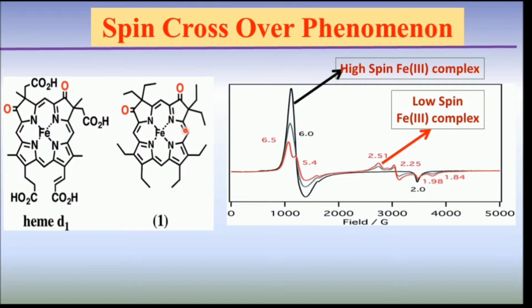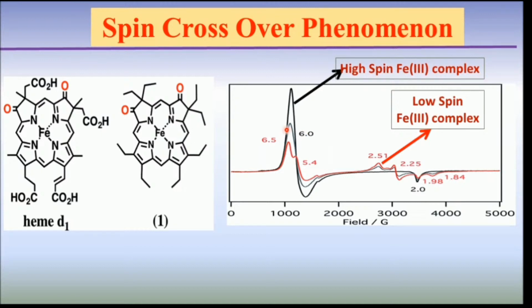Using EPR spectroscopy, it is reported that it is used to study the spin crossover phenomenon in iron(III) complexes. For example, heme is present in the active site of several proteins: cytochrome c, myoglobin, hemoglobin, cytochrome c oxidase, etc. This is the high spin iron complex.